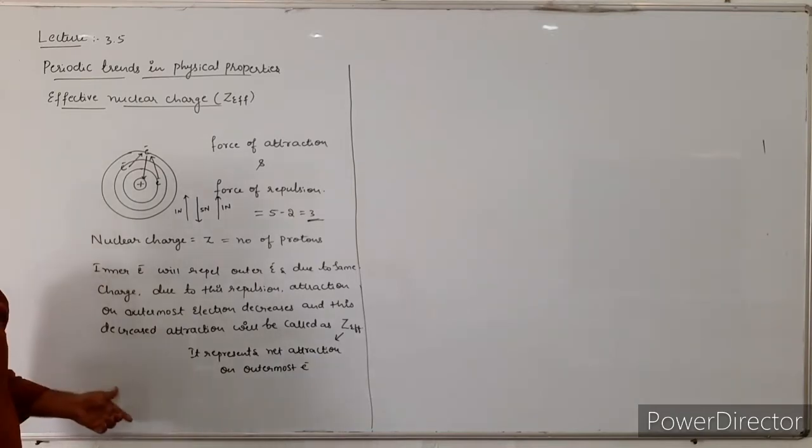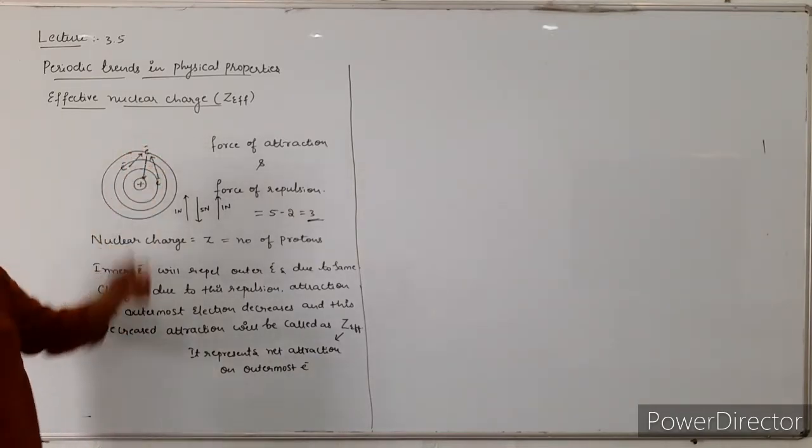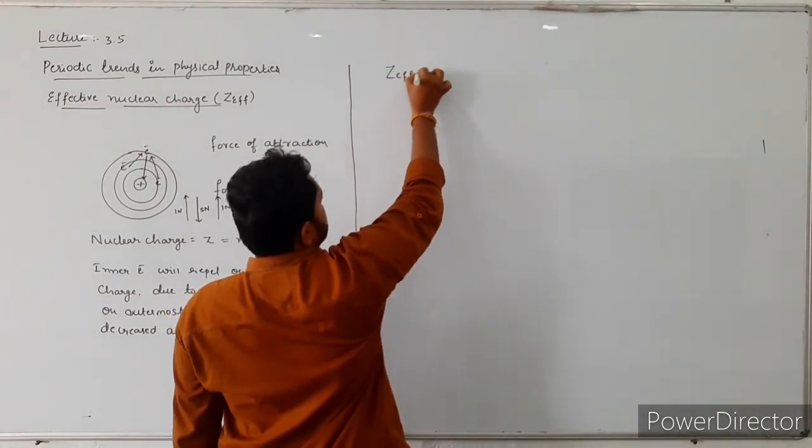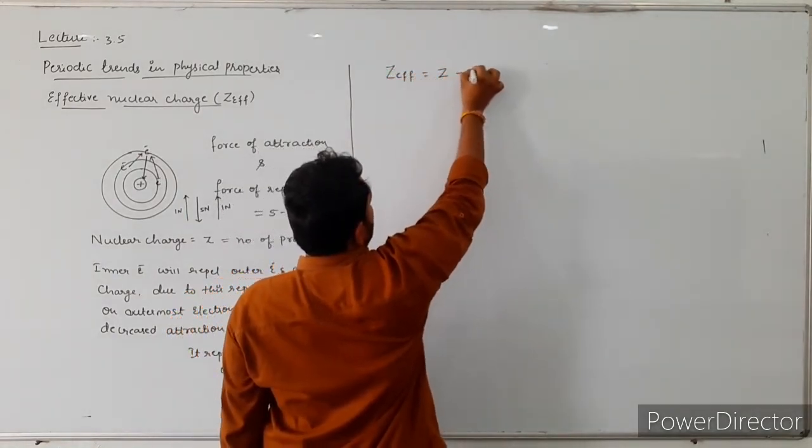Then the mathematical expression for effective nuclear charge is: effective nuclear charge is equal to Z minus sigma.